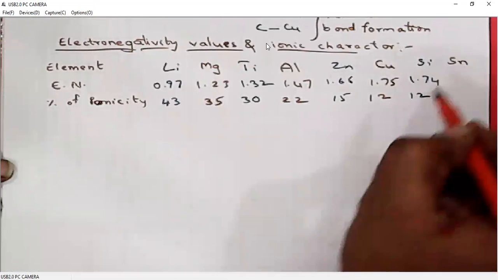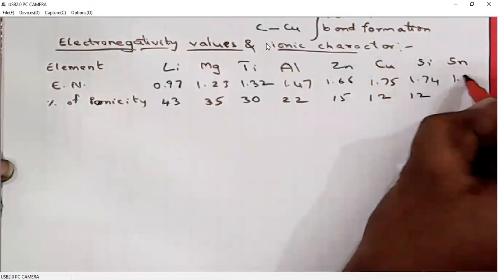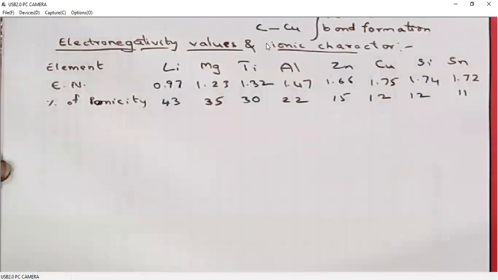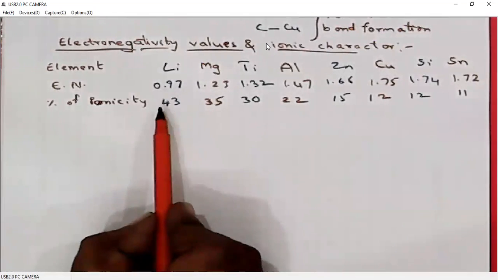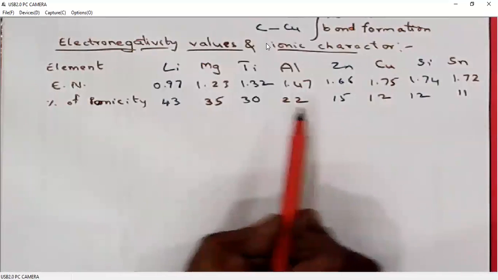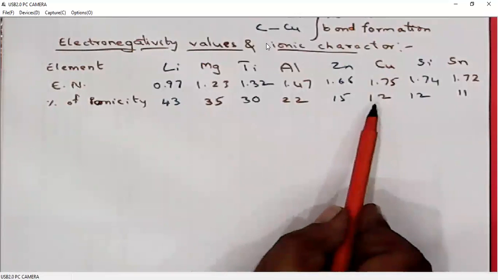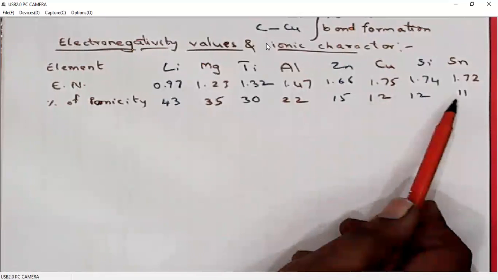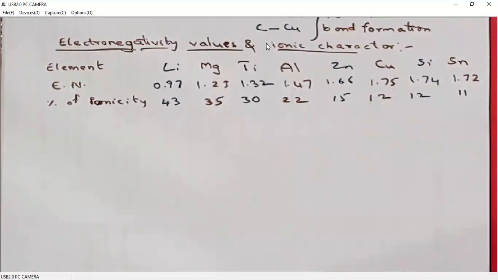The carbon-tin bond is 11% ionic in nature. So when we compare these things, the carbon-lithium bond is more ionic in nature than magnesium, titanium, aluminum, zinc, copper, silicon, and then tin. You just compare them. Okay, we don't need to remember any of these values.